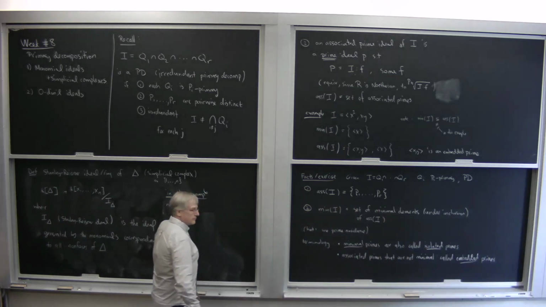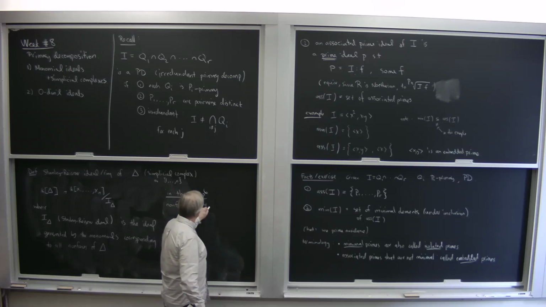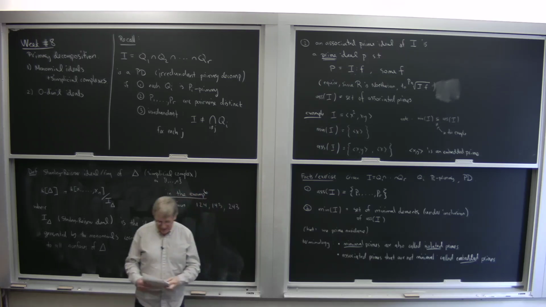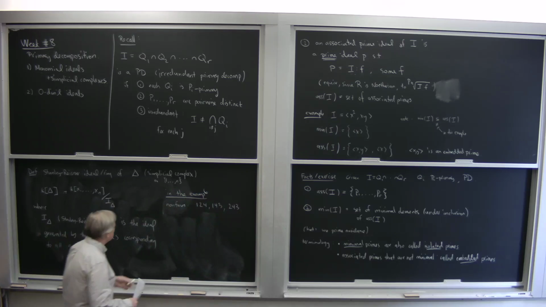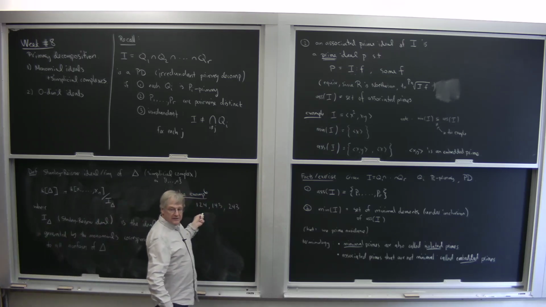Sorry, what are they? 1, 2, 4, 1, 4, 3, and then 2, 4, 3. Weird way to put it. It is a little weird, but whatever. Okay. So anyway, those are the only 3 non-faces. Actually, no, there's one more non-face. 1, 2, 3, 4. Yeah, 1, 2, 3, 4.